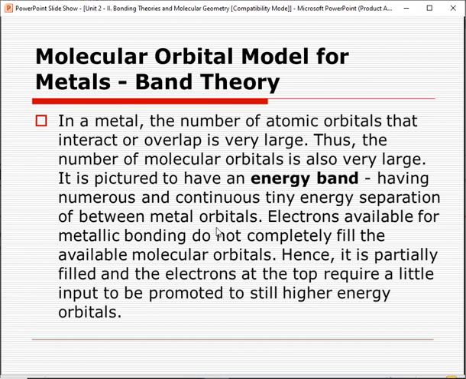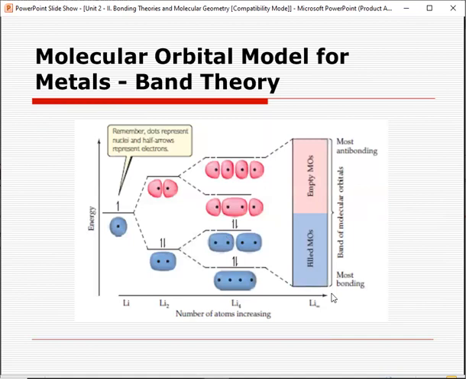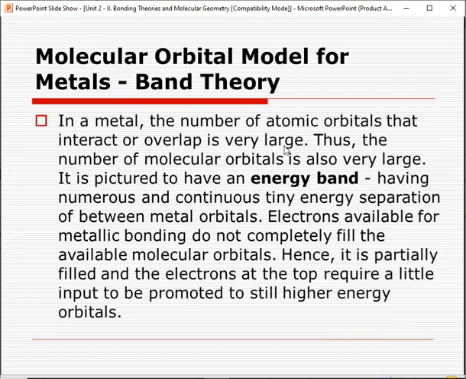Electrons available for metallic bonding do not completely fill the available molecular orbitals. Hence, it is partially filled and the electrons at the top require a little input to be promoted to still higher energy orbitals. Okay, so as you can see, for metallic bond, na nasa molecular bond or energy band na.